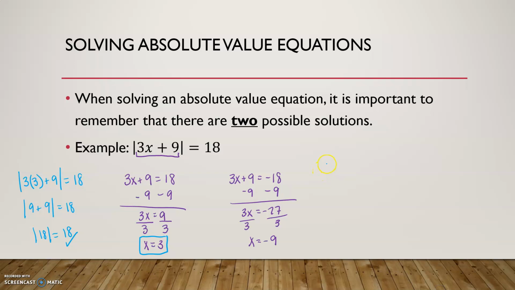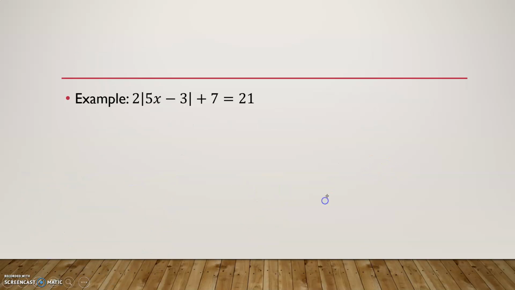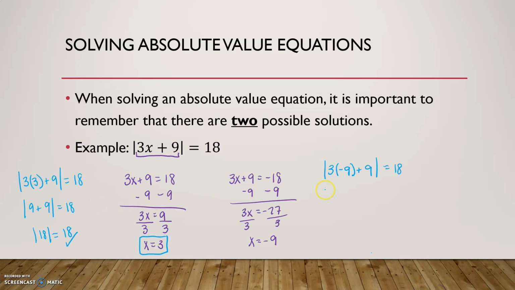If I substitute in -9, I get 3 times -9 plus 9 equals 18. So then I'd have -27 plus 9 equals 18. This would give me -18 equals 18. And this is true because the distance of -18 from 0 is 18. So that means that both of these are solutions.